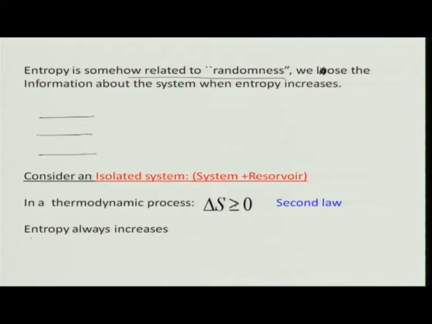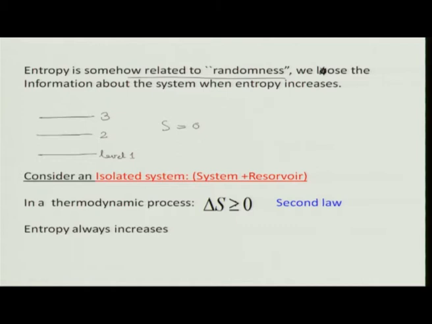If I know with probability 1 that the electron is in level 1, then entropy will be 0. But if there is a finite probability of the electron being in level 1, level 2, or level 3, then entropy is greater than 0. It is a positive value.